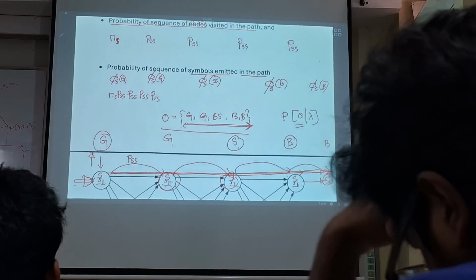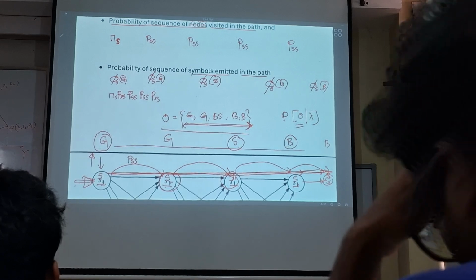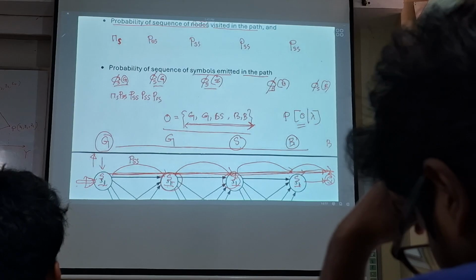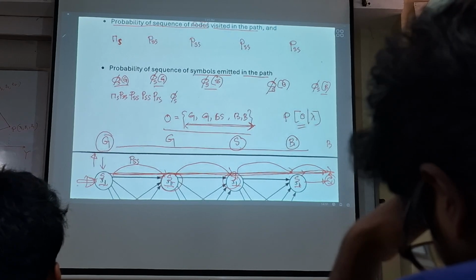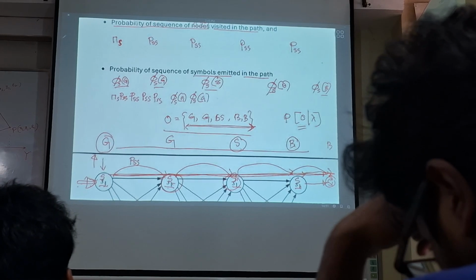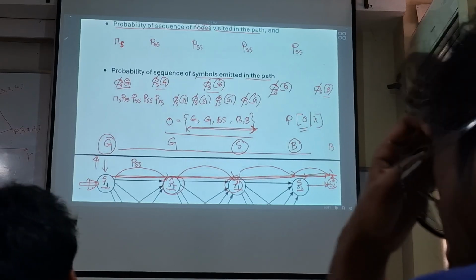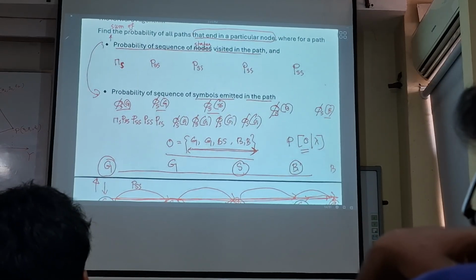So do you understand that the sequence of symbols is generated with probability this one times this one times this one times this one? So now, what is the probability that both of these happen?